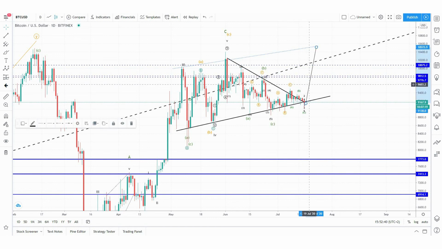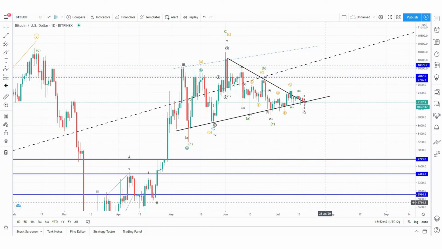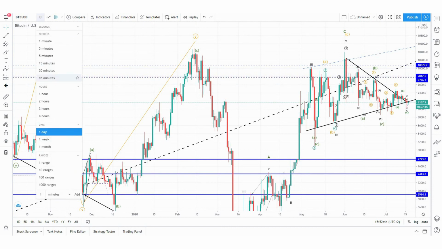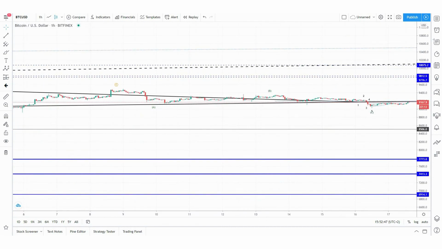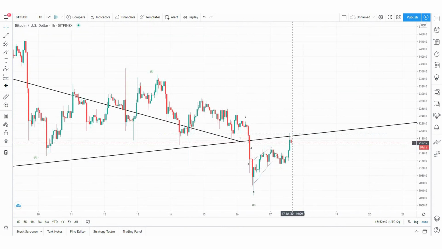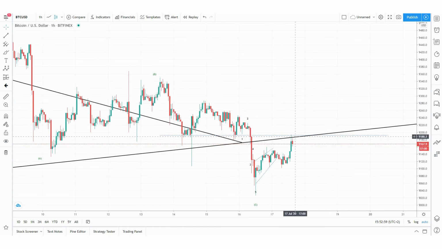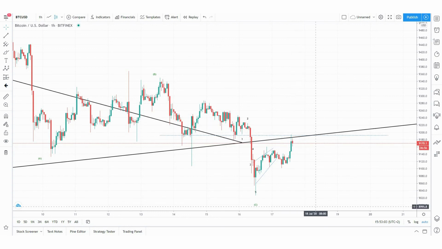My main Elliott wave count points that the current increase is corrective, and now shortly we are going to see what happens from the interaction with this level, because we have seen the price struggling to surpass it.